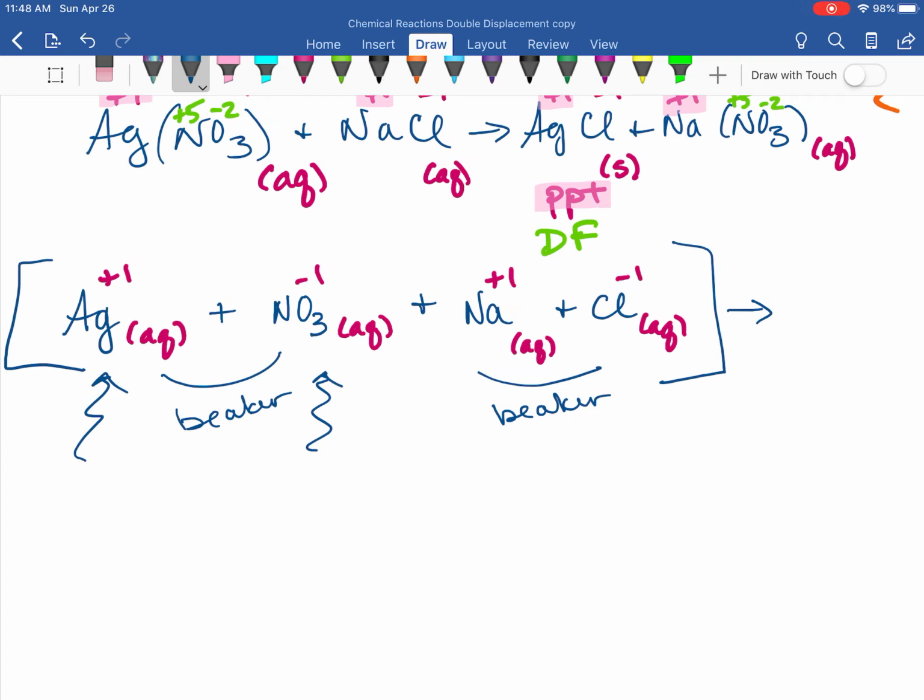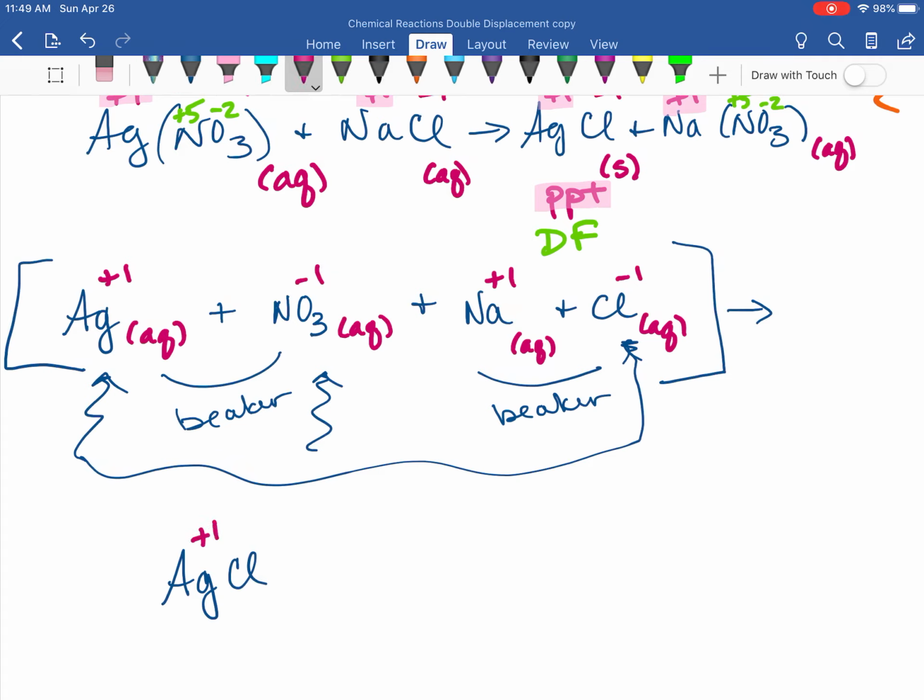All right, let's envision. You've got silver floating around, and it is smacking into nitrate. Well, who cares? Because that bond breaks again, and it's free floating again. Your silver smacks into a chlorine. Now those two smack into each other, and what just happened? You just formed the bond between silver and chloride.